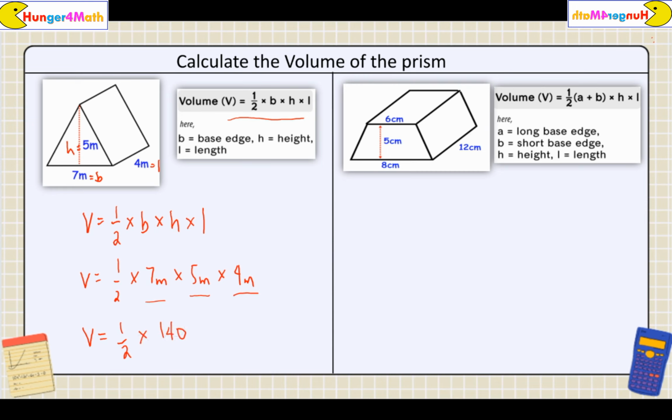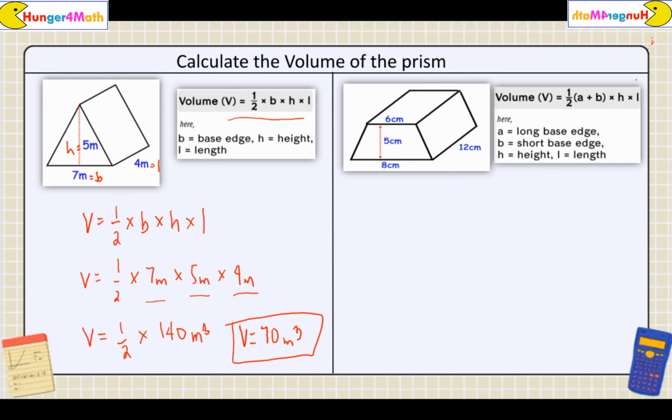Then meter times meter times meter is meter cube. Now let's multiply 1/2 times 140 meter cube, and that will be volume is equal to 70 meter cube. So for this triangular prism, the volume is equal to 70 meter cube.